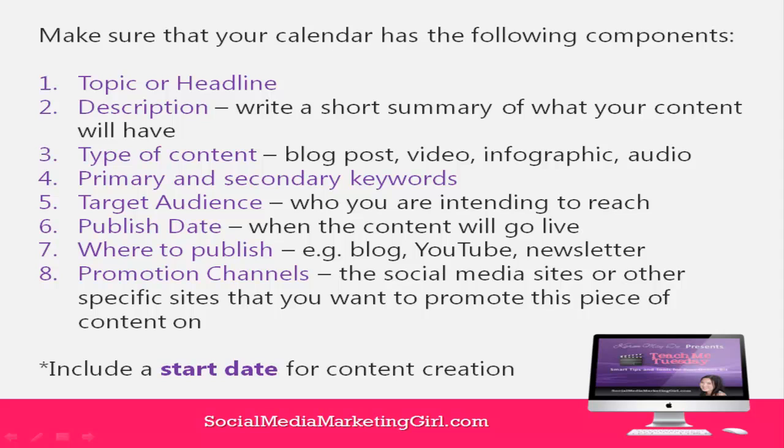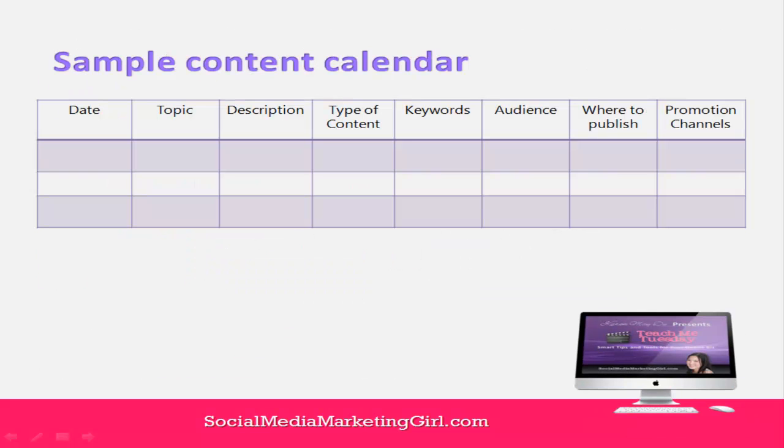Okay, so I have a sample content calendar here based on the 8 components that I have mentioned. Obviously it looks like a spreadsheet, and you can do this on a Google Docs spreadsheet or an Excel spreadsheet or on Microsoft Word, wherever you feel comfortable making a content calendar. Or you can even do this with a piece of paper if you prefer pen and paper.